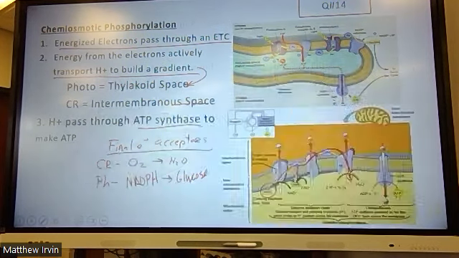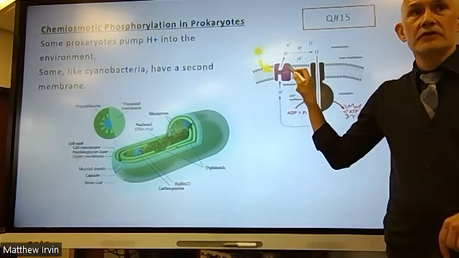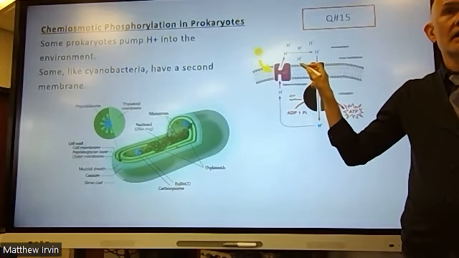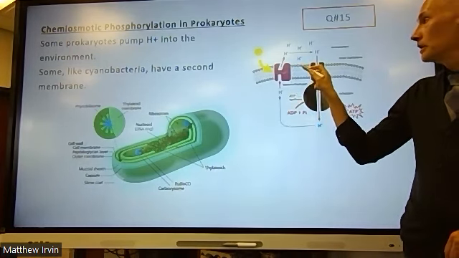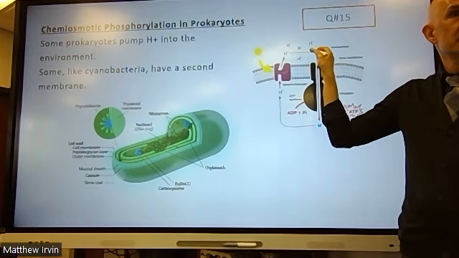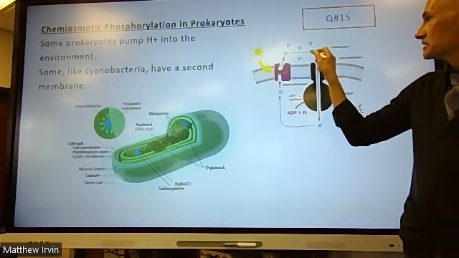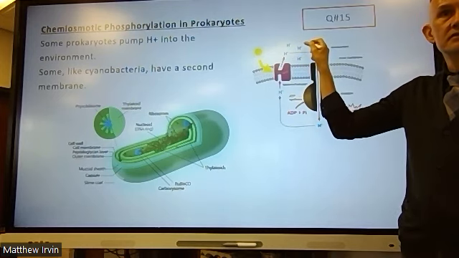So, all right, some prokaryotes can do chemiosmotic phosphorylation. However, whether it is a photosynthetic bacterium or an aerobic bacterium, they just pump their hydrogens into the environment. Is that going to be as efficient? No, because what's going to happen to these hydrogens?